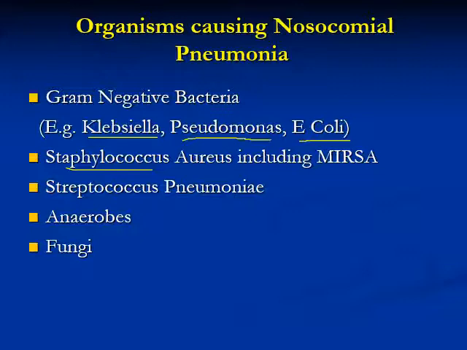It also can be caused by Streptococcus pneumoniae and anaerobic microorganisms, and also by fungal infection. But the commonest are the gram-negative and the Staph aureus. The third are the anaerobes. These microorganisms are more serious and lead to serious pneumonia, and usually do not respond to the usual antibiotic.